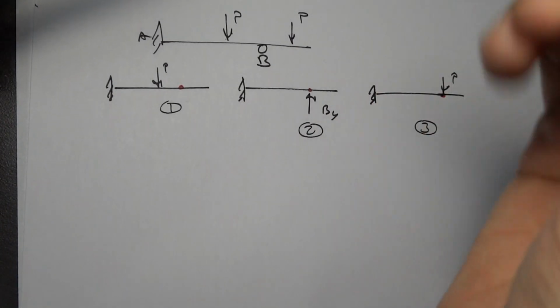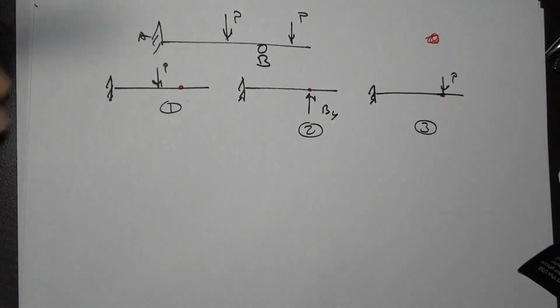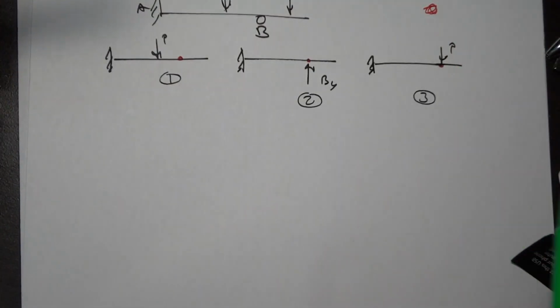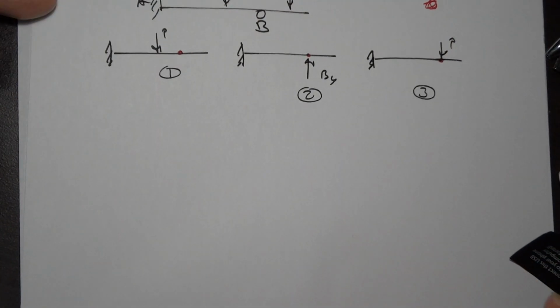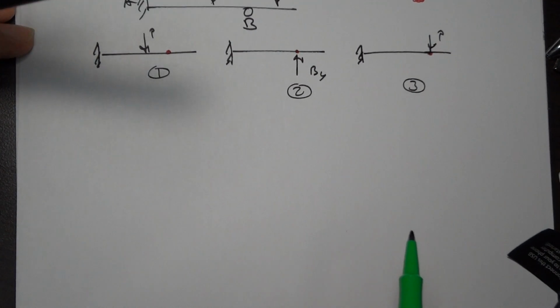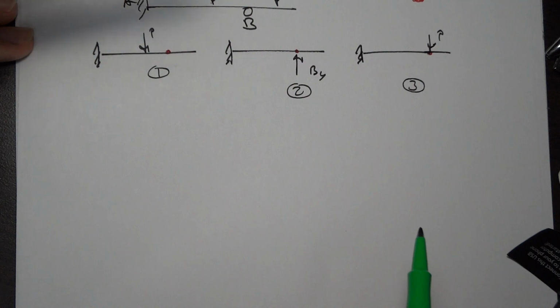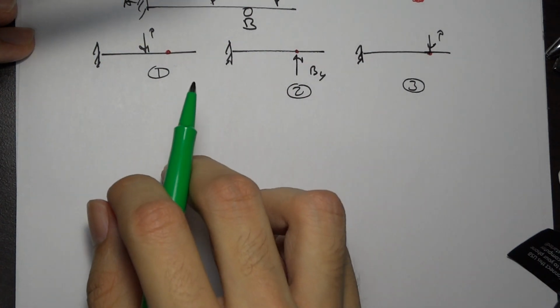In order to get those, we just need to use, let's look at our moment area equations again. So first things first, let's draw our moment diagrams. Actually, I'll let you draw the moment diagrams.